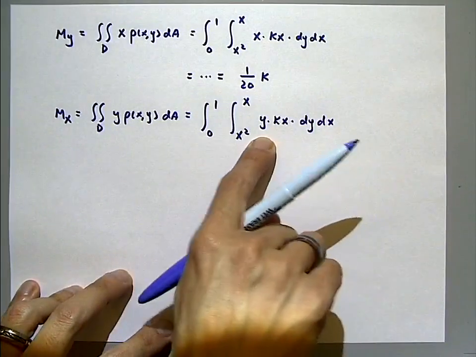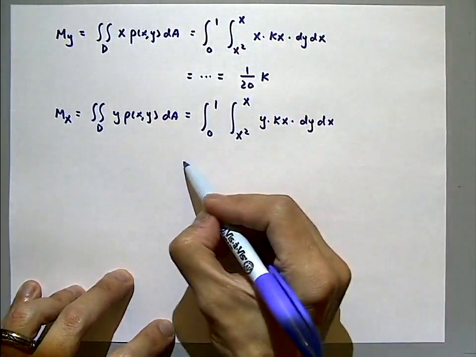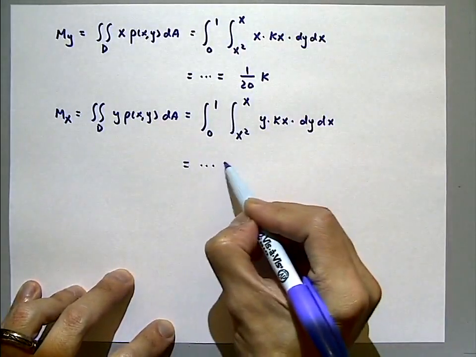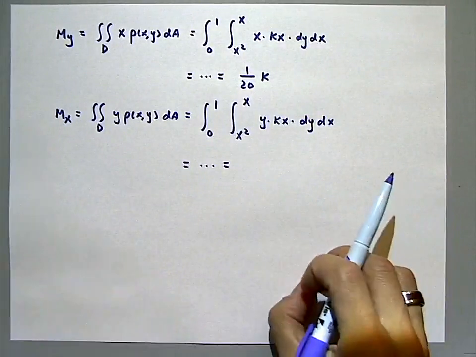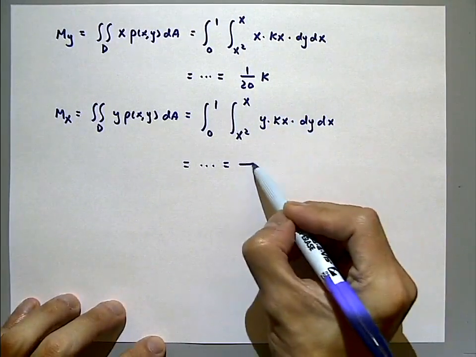So this time you integrate y first, y squared over 2 and all that stuff. Again, a very easy integration to do. And we should get 1 over 24k.